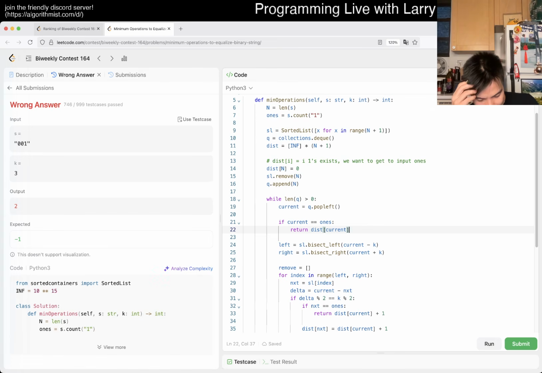Wait, what? Oh, no, 1 plus zeros is equal to k, because we're changing k bits, right? And then if you add them together, 2 times 1s is equal to delta plus k.